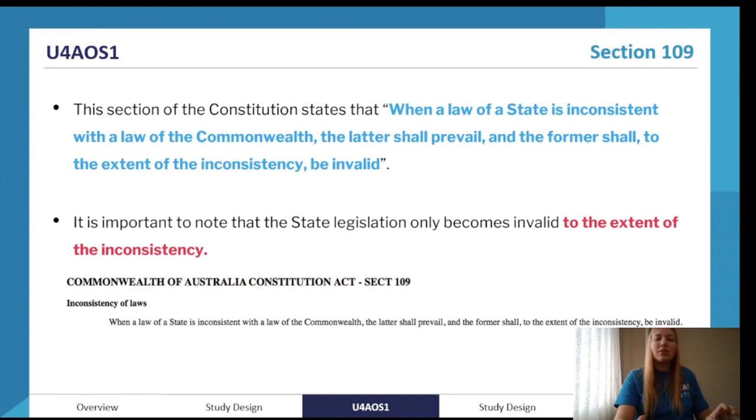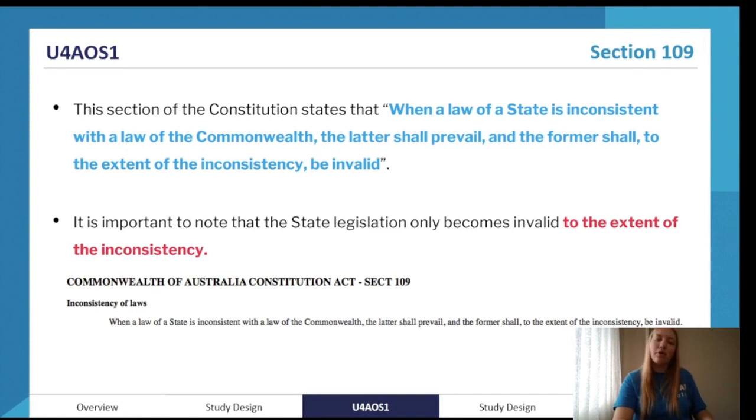So let's instantly jump into Section 109 and look at its significance and what it does when we have concurrent laws. This section of the Constitution states that when a law of a state is inconsistent with a law of the Commonwealth, meaning the two are clashing, the latter shall prevail and the former shall, to the extent of the inconsistency, be invalid.